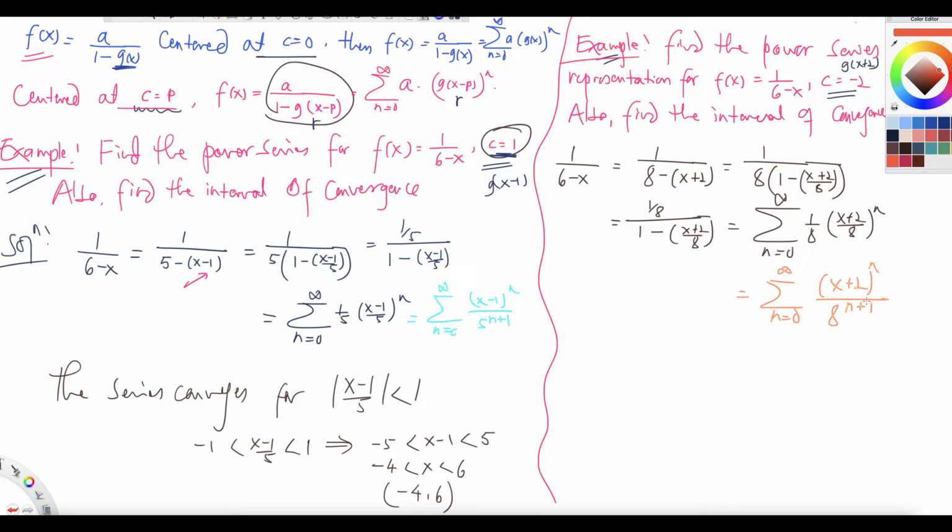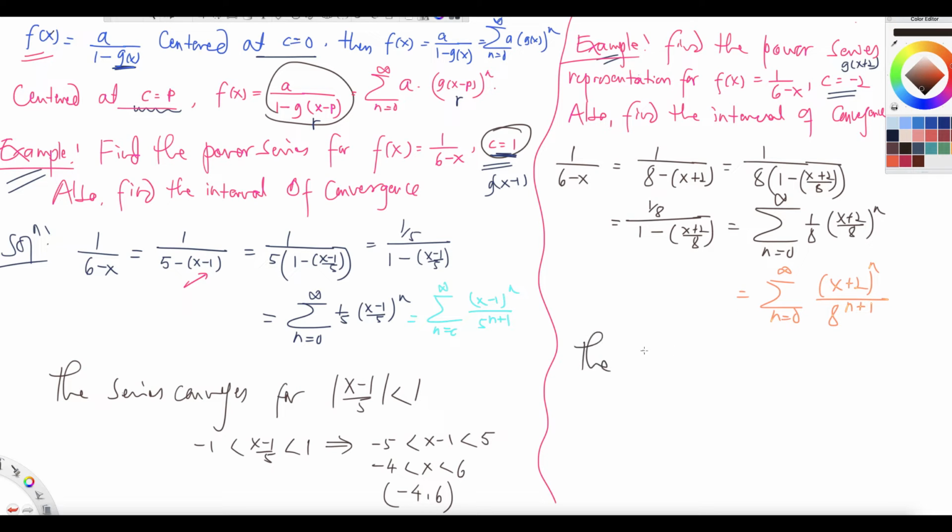Do you see that? If you want to write with base 2, that is perfectly fine. It will be 2 to the 3n plus 3. Now, what is the radius of convergence?